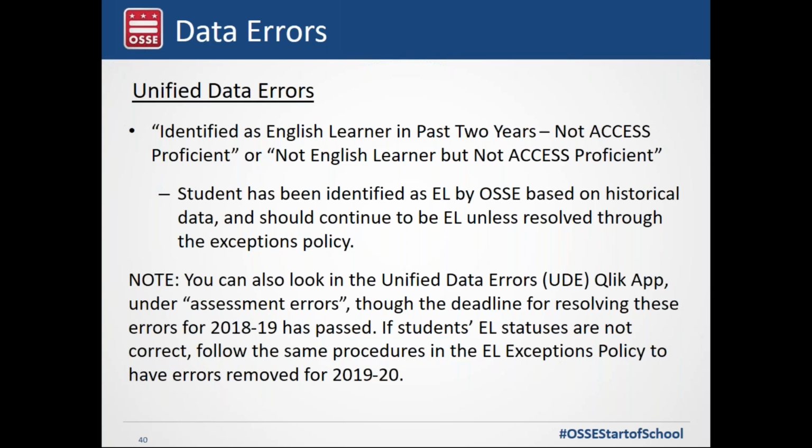Or if that is truly an error and they were misidentified by a previous LEA and the student only speaks English at home, that's all that's on the home language survey, that's what the parents have communicated with you, there's an EL exceptions policy in the English Learner Guidebook. Please check that out, submit an OST ticket, and we're happy to help you get those true errors resolved.